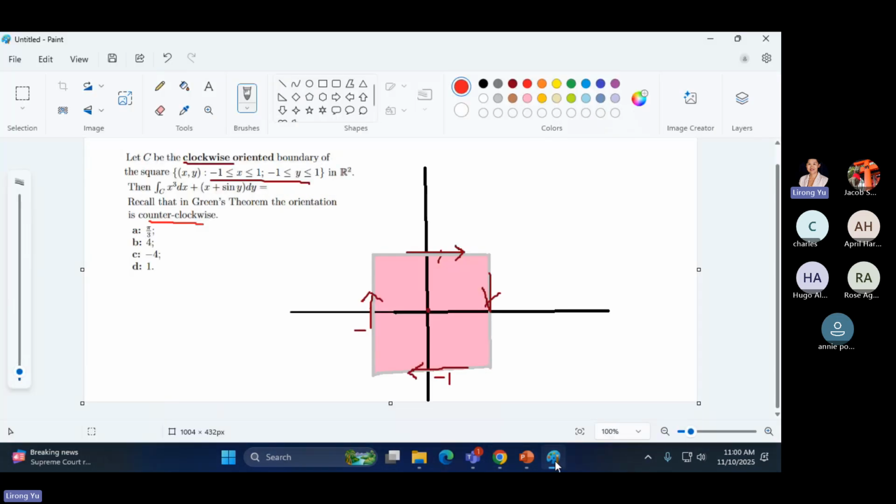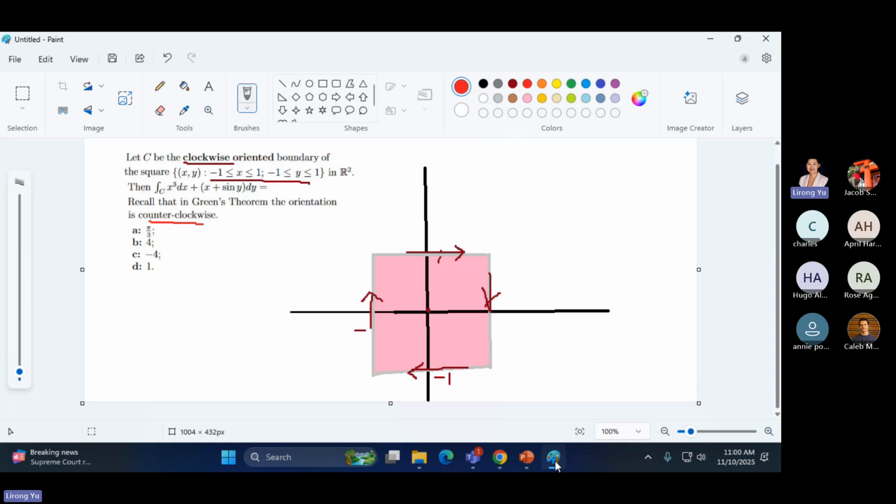Draw it here. The integral that we are calculating is the line integral, integrating around C clockwise, of x cubed dx plus (x plus sin y) dy. So that is a line integral. According to Green's theorem, a line integral on a closed curve, a closed boundary, can be converted into a double integral within that curve.